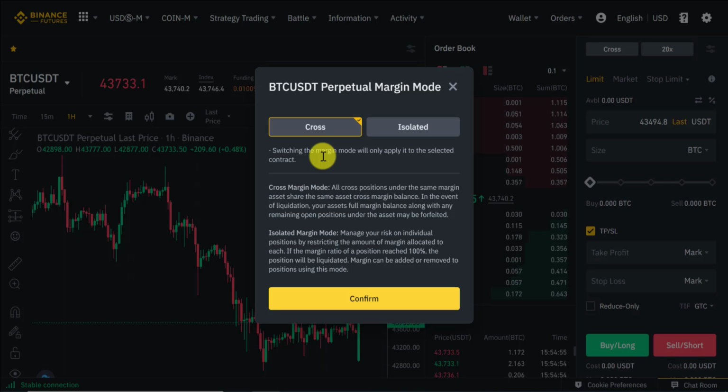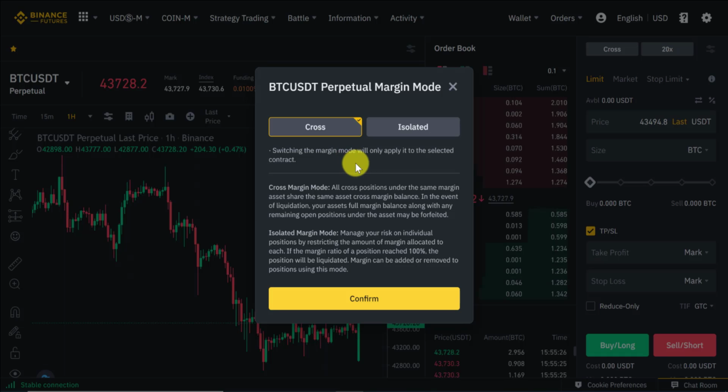So it's similar to what is happening here. This one is cross, this one is isolated. You see, this is called margin mode: cross margin mode and isolated margin mode. If you use something like cross, that means all the available margin you have on your account can be used up for a particular trade.